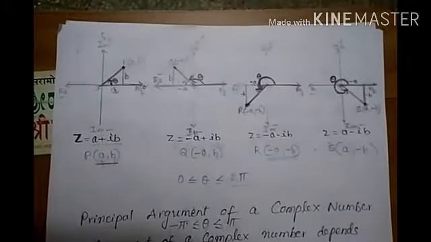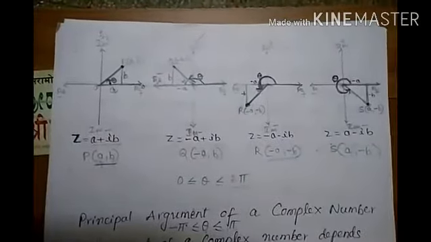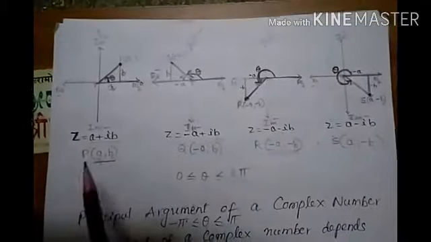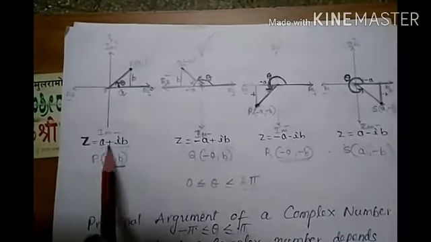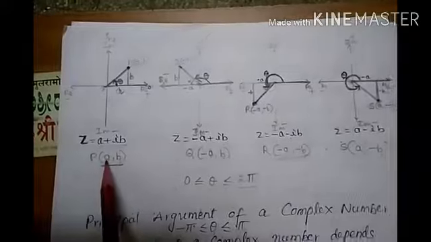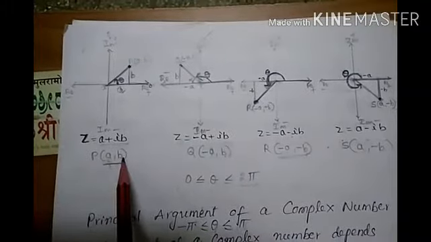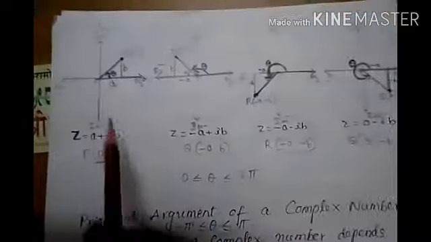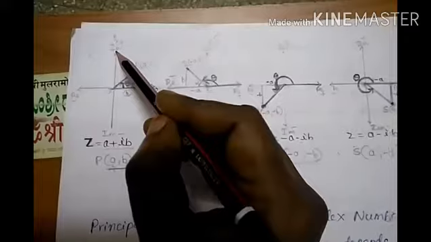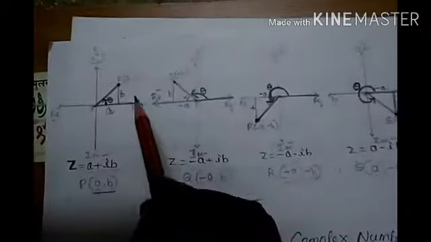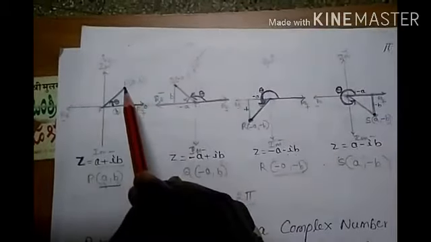Here I have taken different complex numbers in different quadrants and let us see the value of theta. Let us consider Z equal to a plus ib. The point is (a, b). Here both the real part and imaginary part are positive, so the point (a, b) lies in the first quadrant.